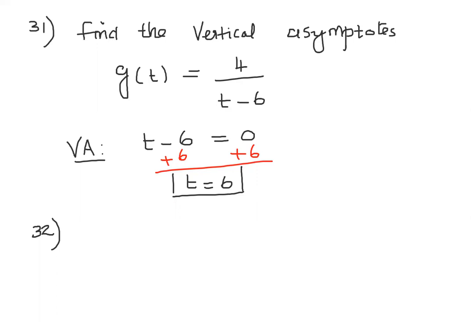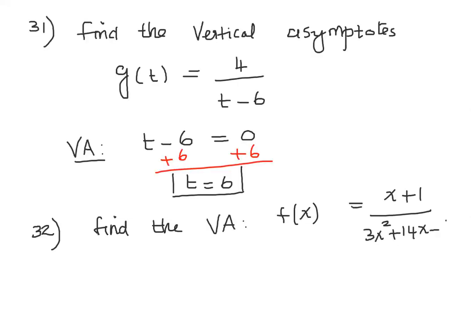Okay, so again, we have to find the vertical asymptote of the function f of x equals x plus 1 over 3x squared plus 14x minus 5. We do the same thing: set the denominator equal to 0 and factor.